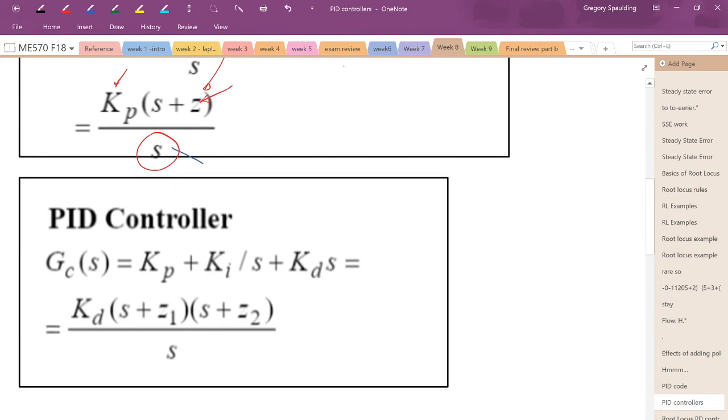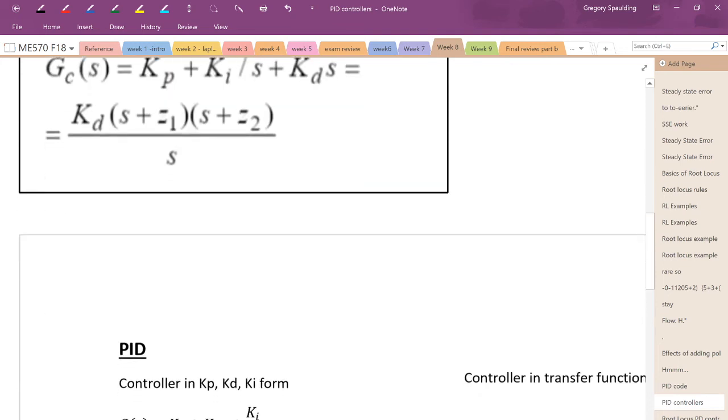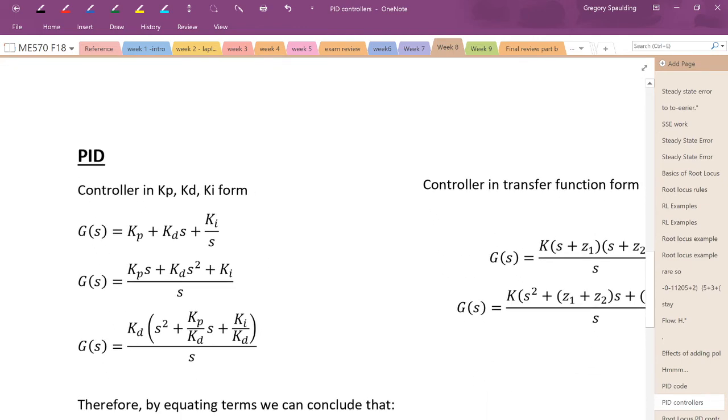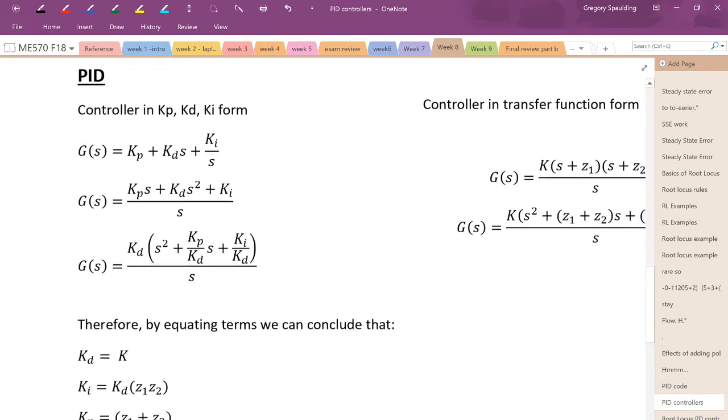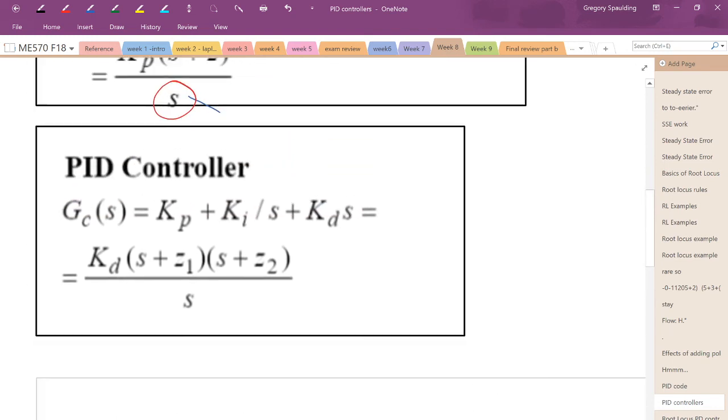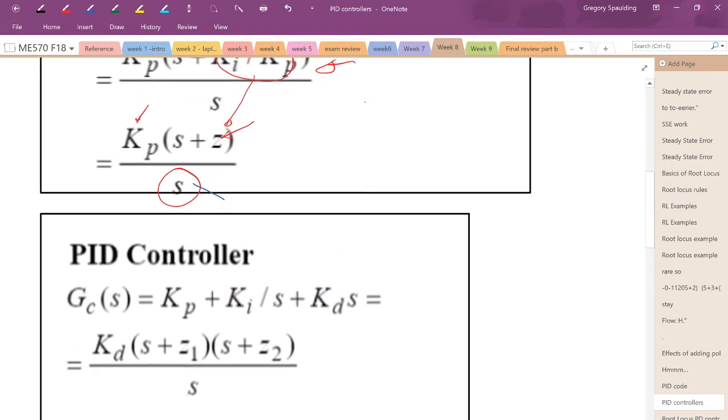Now, a PID controller is a little more interesting, and we can go through the math on this, and I've actually put the math in here, and you can look at it at some later time. But this is the representation and relationship for a PID controller. We've got gains. We've got a proportional gain, an integral gain, a derivative gain, all three having values. And in this case, what we're trying to achieve is to reduce the steady state error and speed the system up simultaneously.